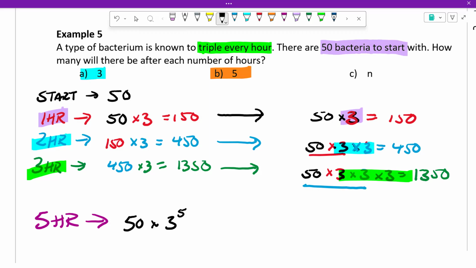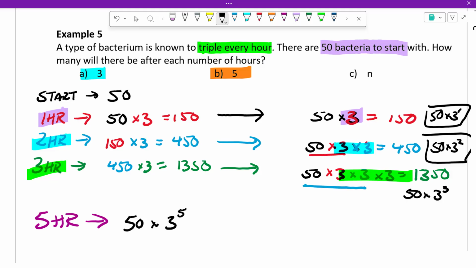We could have done that at the earlier step, but our minds aren't used to thinking of exponential form. This last one could have been 50 times 3 cubed. The second one could have been 50 times 3 squared. The first one could have been 50 times 3 to the exponent 1. We're not used to thinking that way.